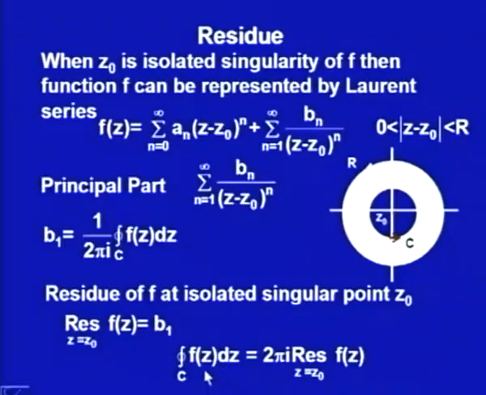We also had the Cauchy integral formula, which said that if we have z naught as an interior point of C, then f of z naught we could define as 1 upon 2 pi i times the integral along that closed contour of f(z) dz upon z minus z naught. There also f was analytic completely.